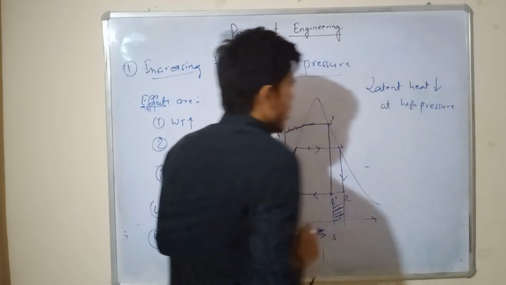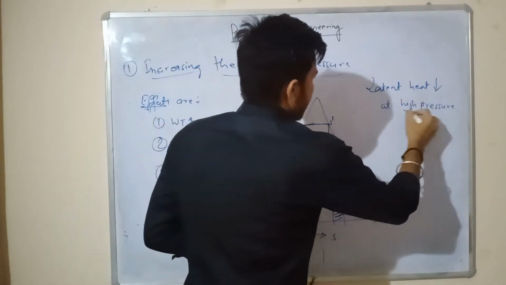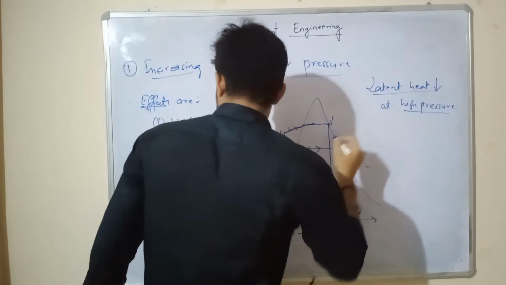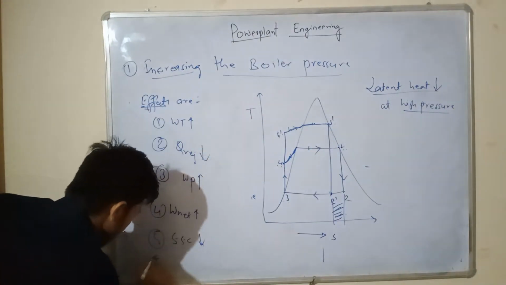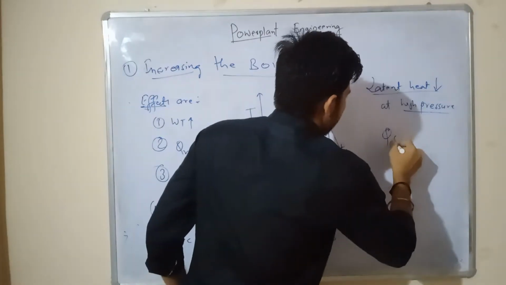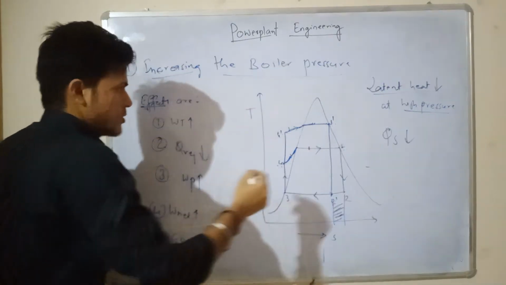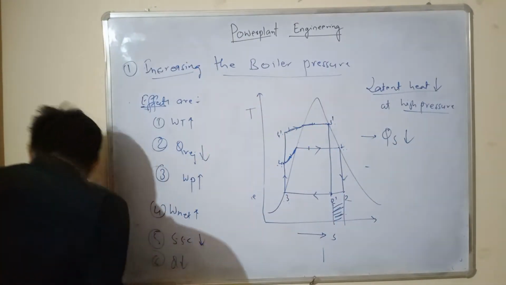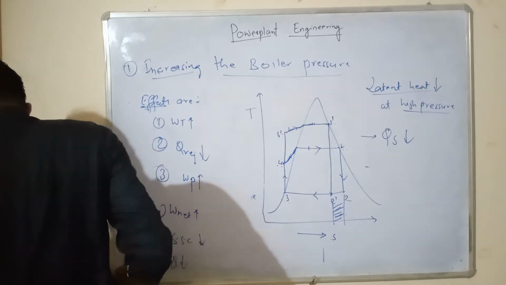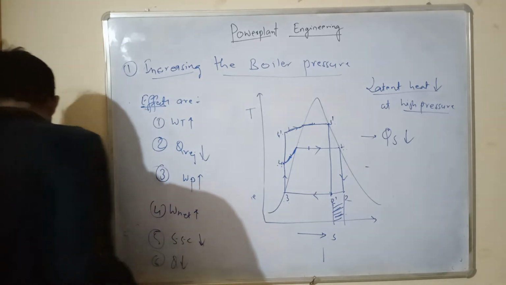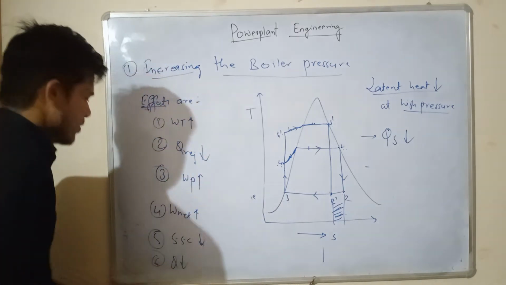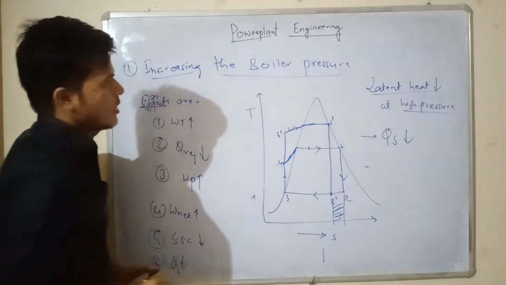If the latent heat decreases, then Q supply also decreases.